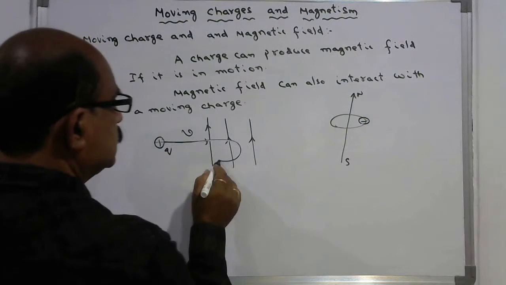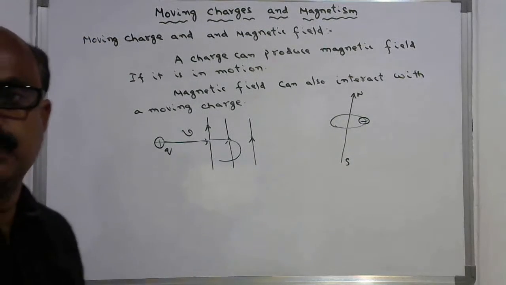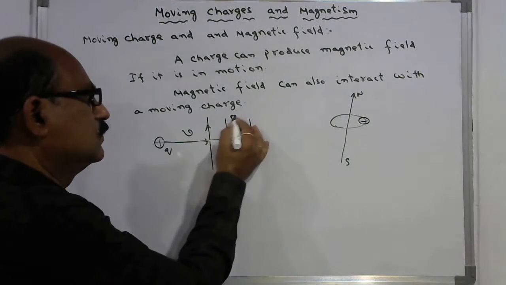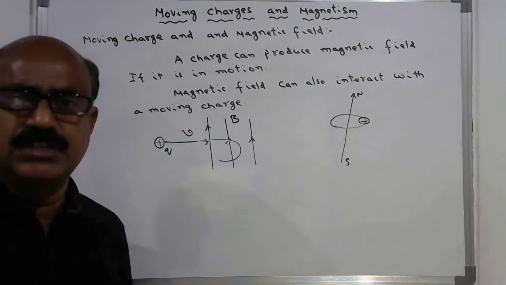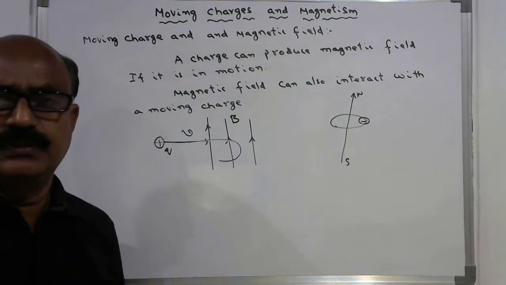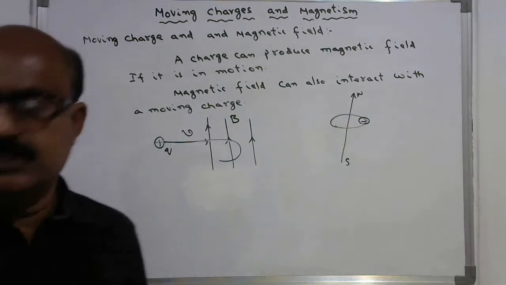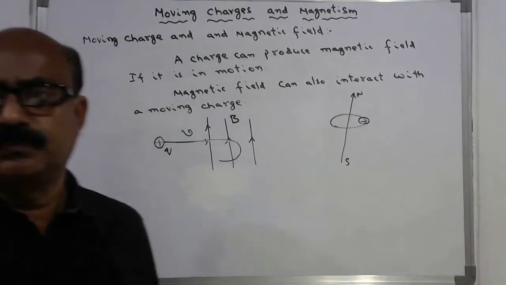It deflects in a circular path. So this magnetic field can also interact with a moving charge. So, these are the two concepts regarding moving charges and magnetic fields.